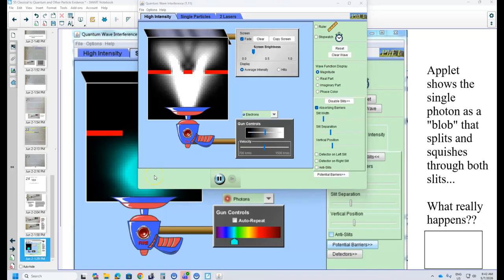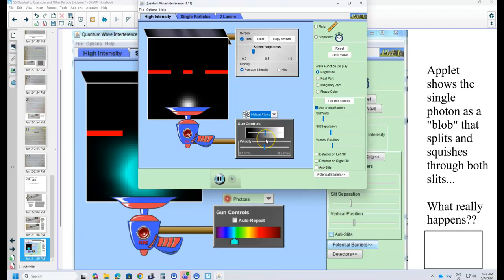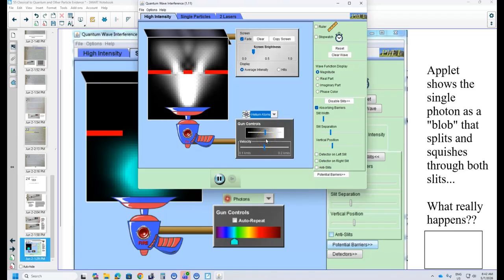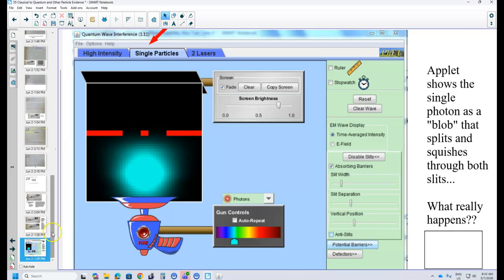All right, I must be thinking of a different slide or applet or video. But anyways, the point here is, you just fire electrons and it makes an interference pattern. You can even fire neutrons, something physicists have done, and it makes an interference pattern. You can even fire helium nuclei, and it'll make an interference pattern. So it's absolutely experimentally confirmed that particles show wave properties, right?